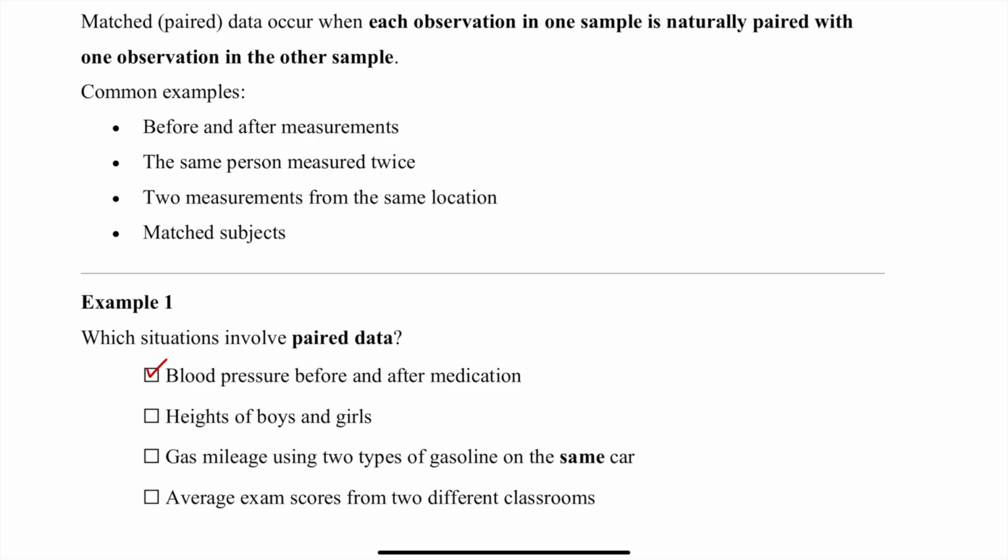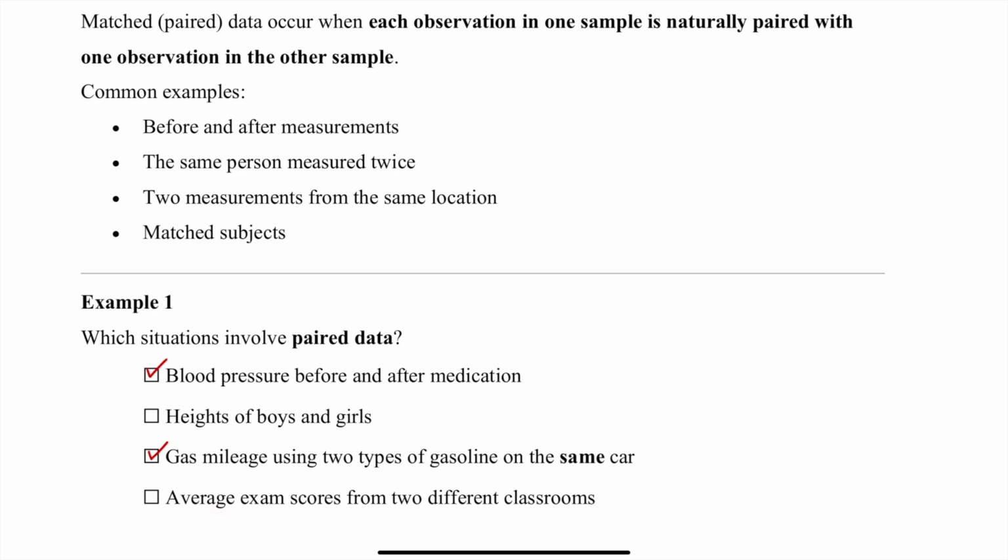Next, gas mileage using two types of gasoline on the same car. This is paired because we are testing the same car under two different conditions. Finally, average exam scores from two different classrooms. This is not paired because the students in one classroom are different from the students in the other classroom.